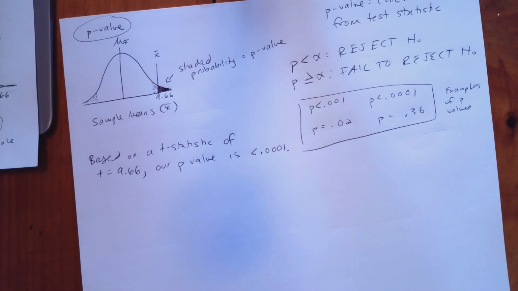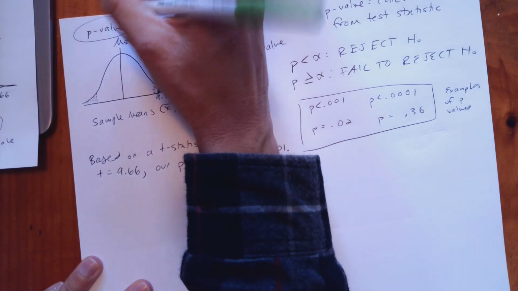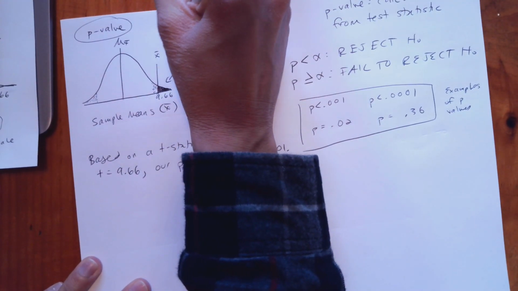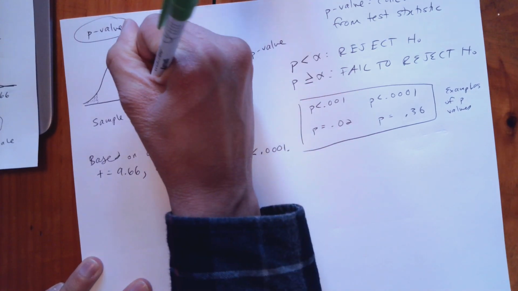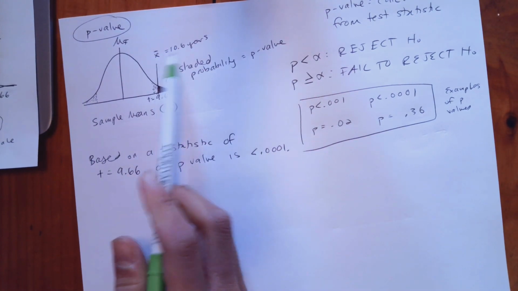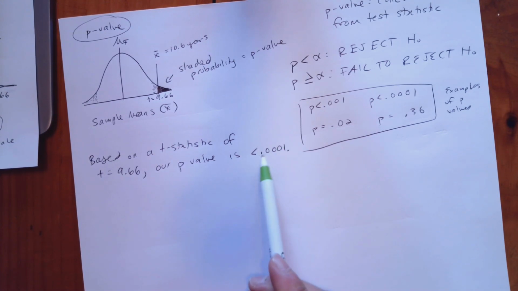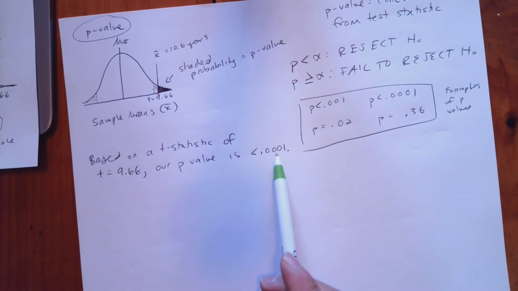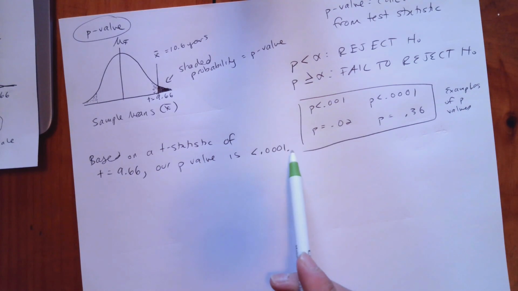In other words, the probability that you would get a sample mean of 10.6 or greater, so again, you're looking at the probability of getting a sample mean of 10.6 years or greater is less than 0.01% if the null hypothesis in the population is really equal to 5.